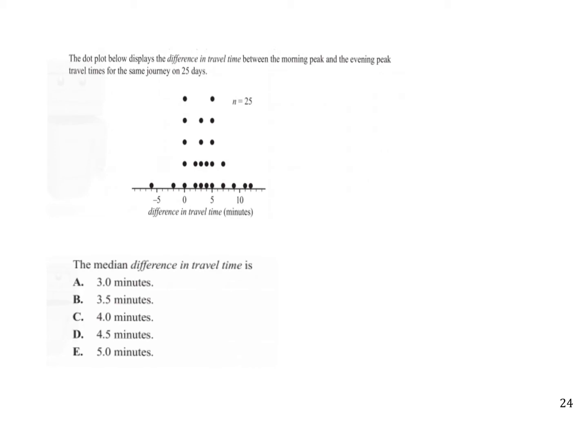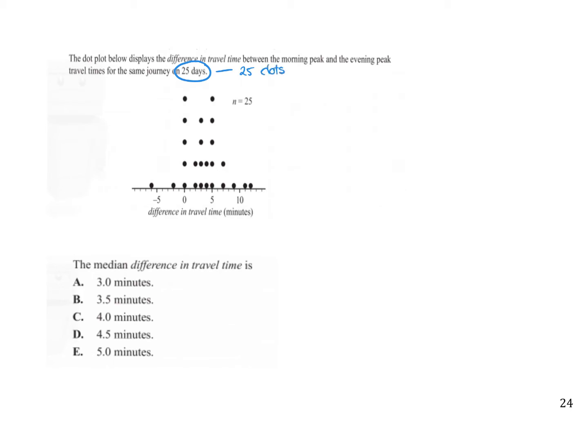So the dot plot below displays the difference in travel time between morning peak and evening peak for 25 days. So what they're telling us here, when they say there's 25 days, there's 25 dots.